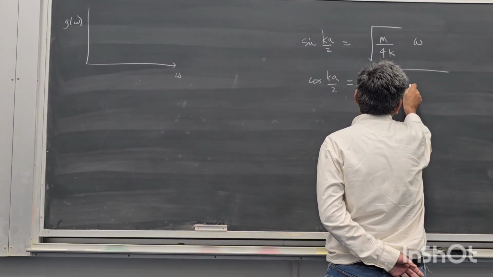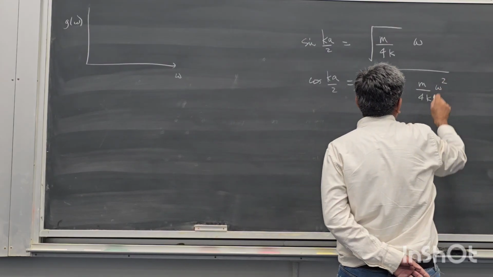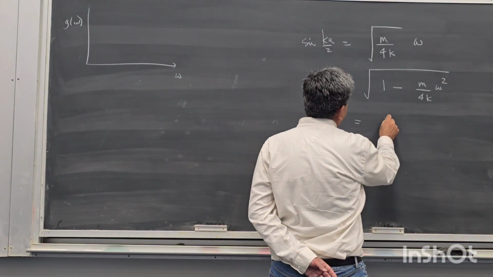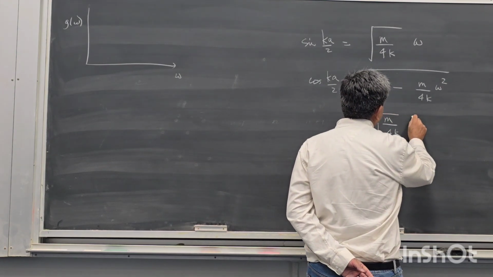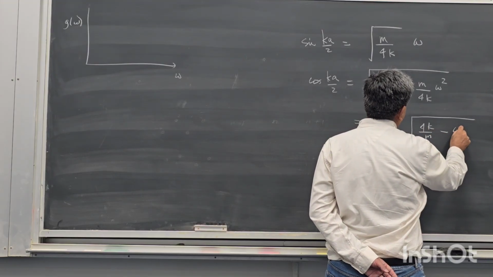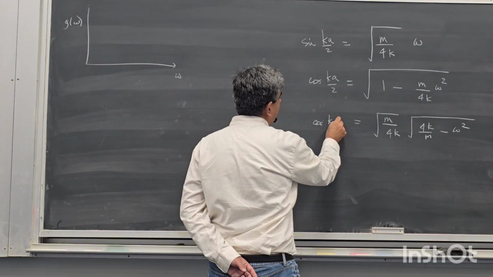So it's 1 minus m over 4k omega square. Okay, so this is m over 4k over m minus omega square. So this is my cosine ka over 2.